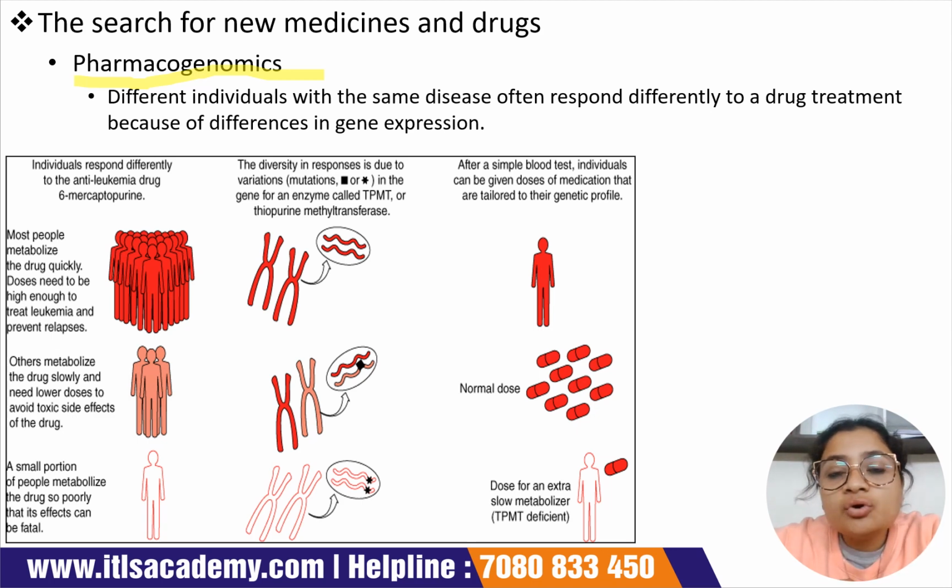So it is very important that we study the genetic makeup of the person before prescribing a drug, and that is what pharmacogenomics is. Pharmacogenomics basically deals with the concept of personalized medication.